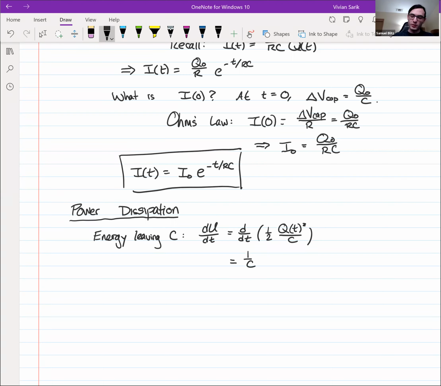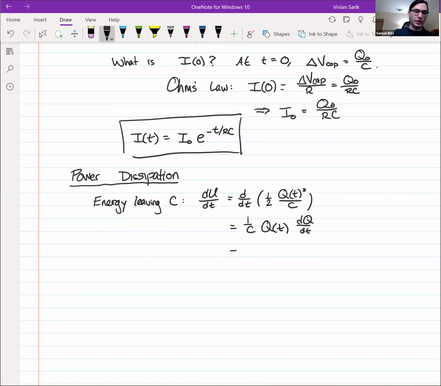This is 1 over C times Q of t times dQ/dt. Okay, so we know what Q of t is, and so we know how to take a derivative. After doing that, you end up with minus Q naught squared over C e to the minus 2t over tau. That is the rate at which energy leaves the capacitor.